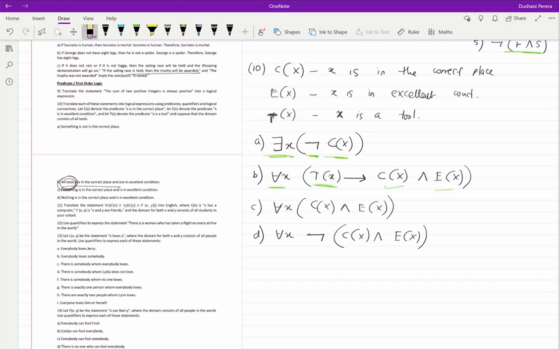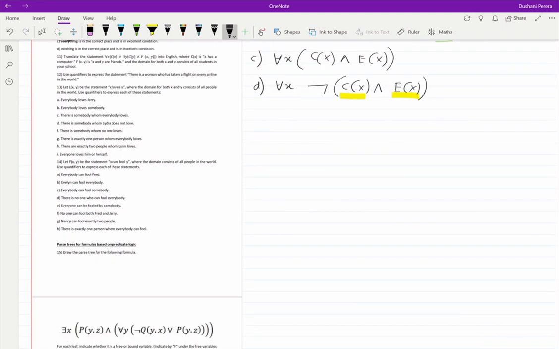Now, if I don't put this not, this means that everything is in the correct place and is in excellent condition. But when I put this not, this means that nothing is in the correct place or in the excellent condition. I hope that's clear to you.